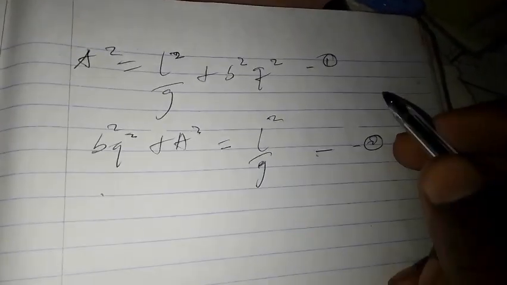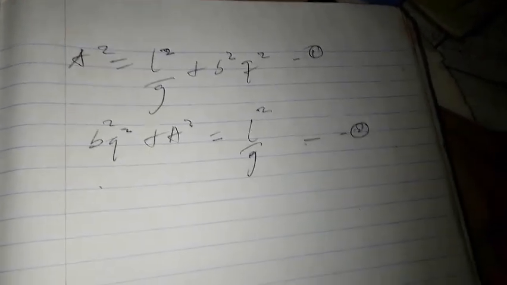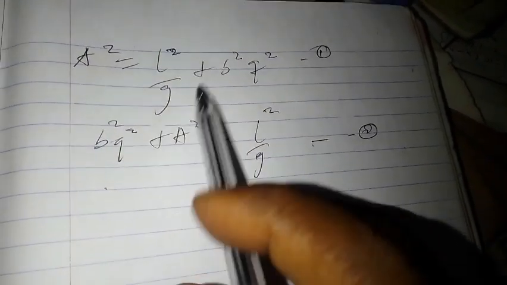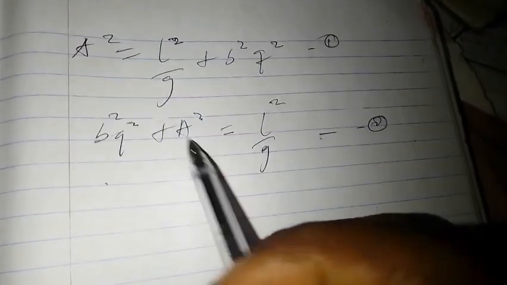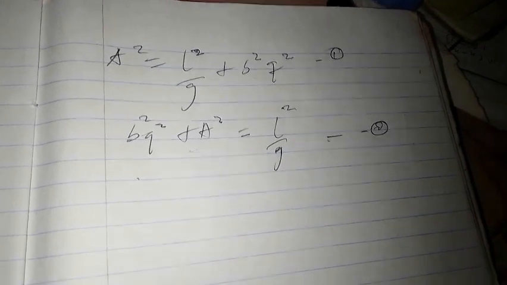So it's not a simultaneous equation. It's not. So these are two different methods whereby I'm using to solve it so that your understanding will be solid when it comes to change of subject.